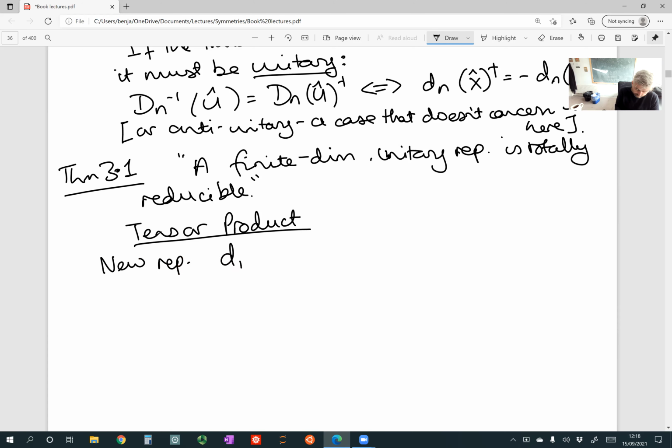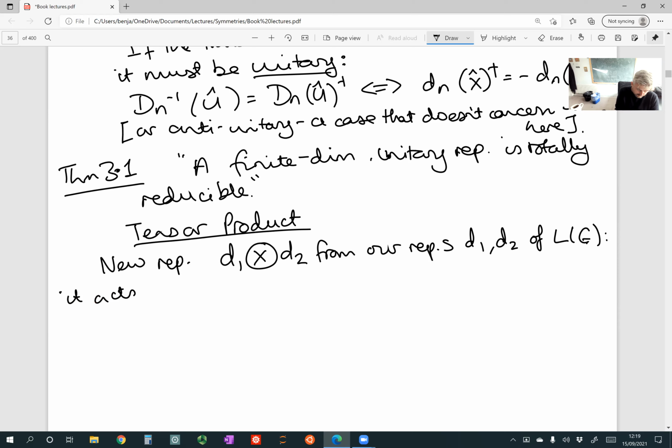So this one, we form D1 tensor D2, from our representations D1 and D2 of the Lie algebra. So it acts on a representation space V1 tensor V2.